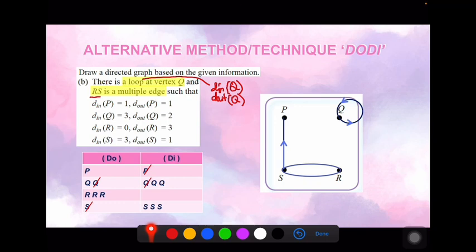So we have to cancel letter S, which is D out, and letter P, which is D in.